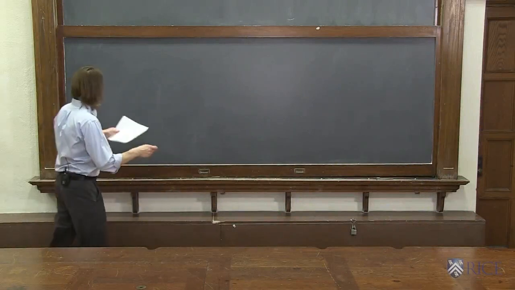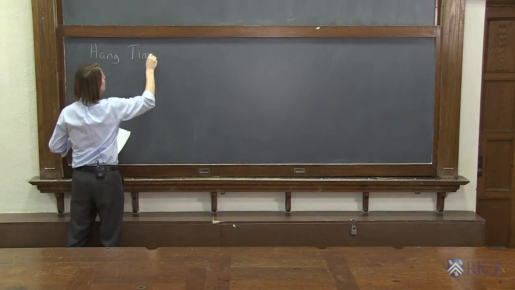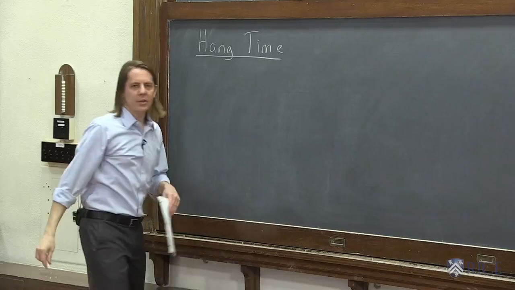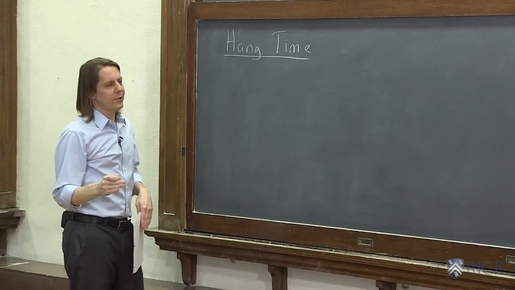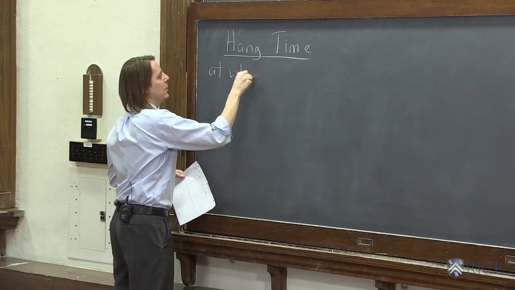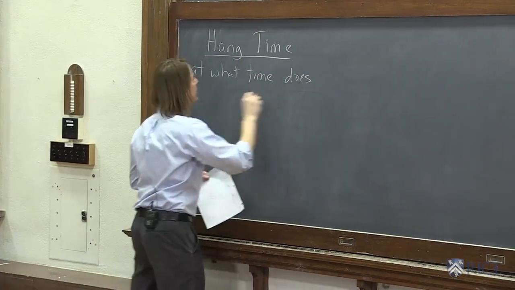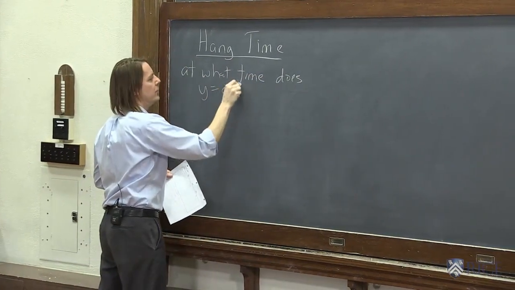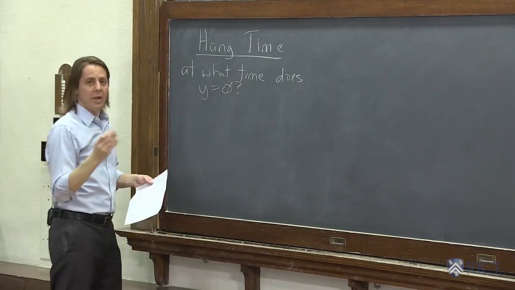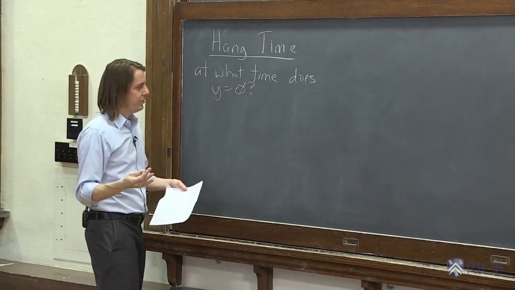Okay, let's calculate those three components. The first that we'll do is hang time. How long was the object in the air? To figure that out, you kind of have to talk to the equation and say at what time does y equal 0? Well, to answer that, you just go to the y component of the position and you set it equal to 0.